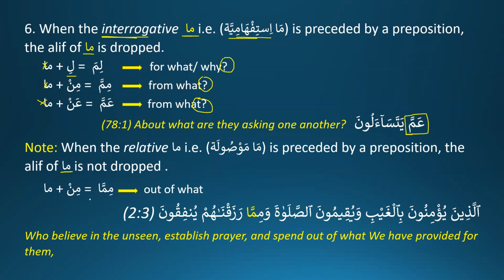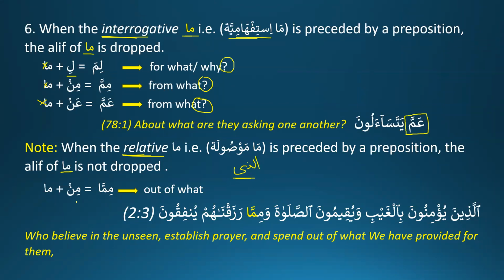But when the alif is not dropped, that means this is a relative ma or ma mausula, which basically gives the meaning of alladhi or allati. The difference between alladhi and ma is that alladhi is used for a marifa noun, a definite noun, and ma is used for a nakira noun, an indefinite noun.